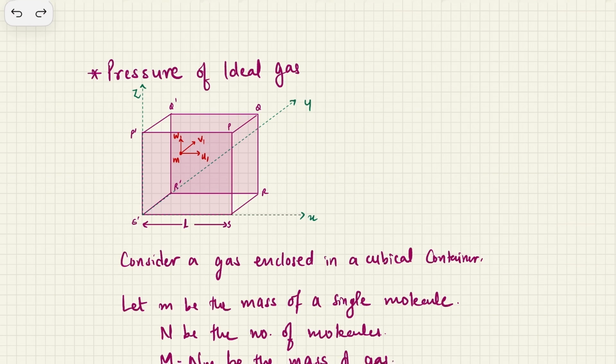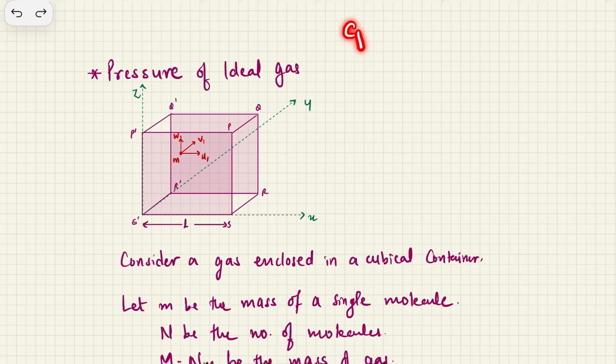Now, we are going to consider a box, and this enclosed box is in the form of a cube. There are lots of molecules in the box, but we are going to focus on one single molecule, and this molecule has some velocity, let's say c1.